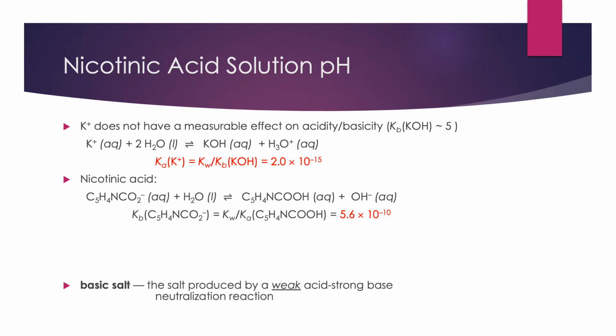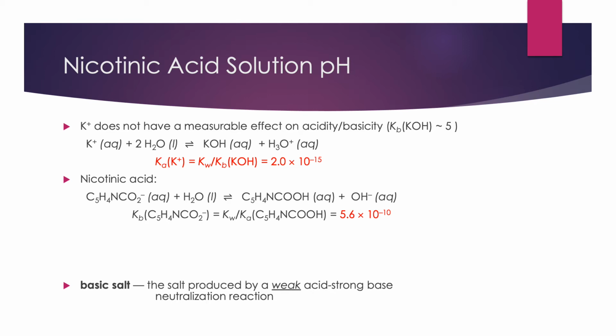What this allows us to do is define this as a basic salt. It is a salt where the cation that comes from the strong base has no acid-base properties, but the anion that comes from the acid undergoes this weak base reaction in water to form hydroxide ions, to some small measurable amount.